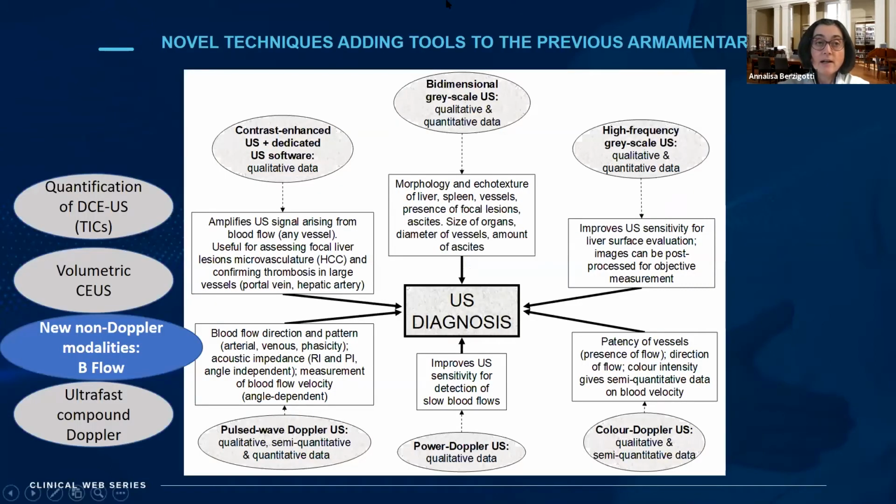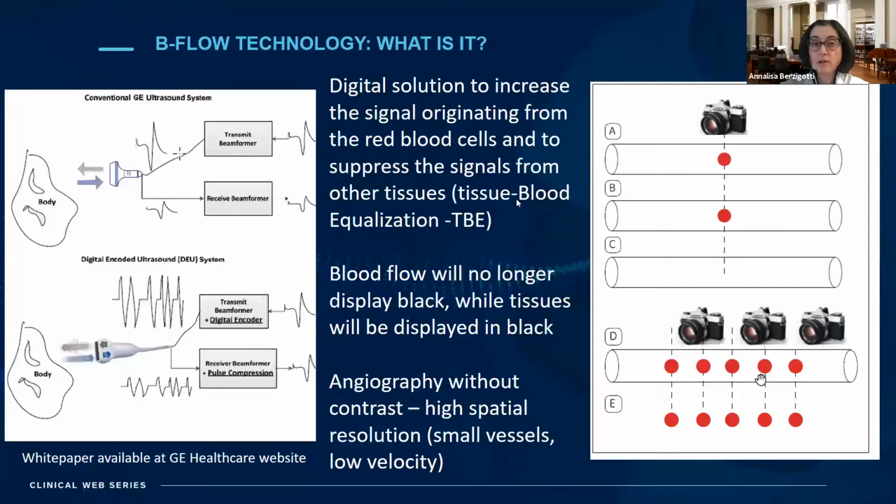And there is a new technology, BFlow, that could help us, and we will focus our attention on it. BFlow technology, or BFlow imaging, is a digital solution aimed at increasing the signal originating from the red blood cells and suppressing the signal from the remaining tissue using the so-called tissue-blood equalization.